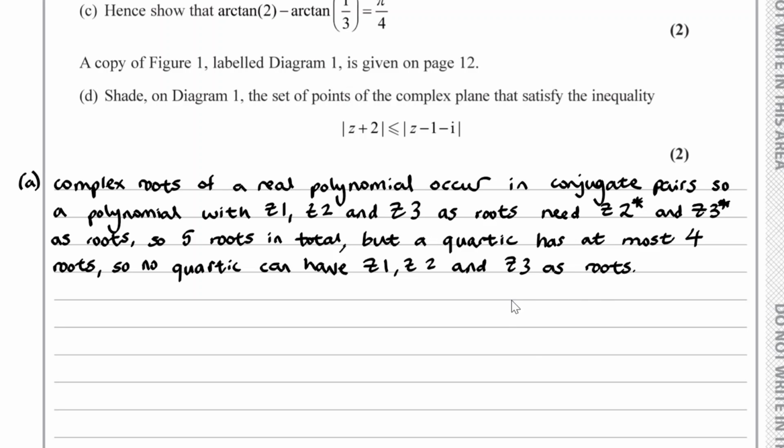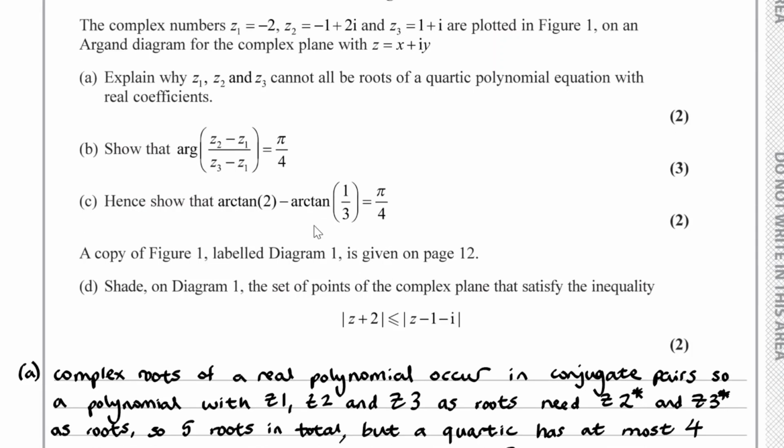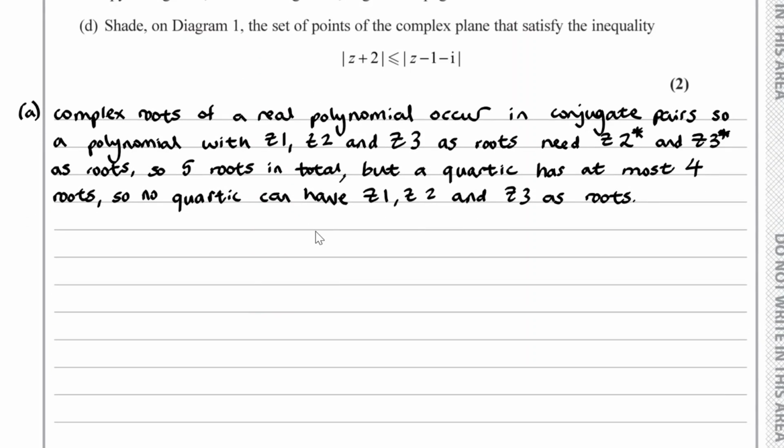Okay? And now for part B, we have to show that the argument of z2 minus z1 over z3 minus z1 equals pi over 4. Let's just work that out. For part B, first of all, let's work out z2 minus z1 over z3 minus z1.